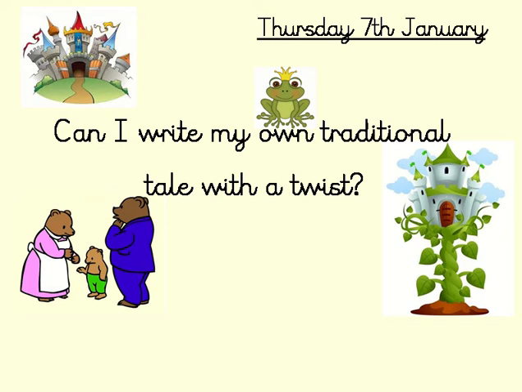Now yesterday you all did brilliantly. You all thought about what types of things make up traditional tales or fairy tales, and then you were excellent detectives and you had a very close look at a picture from the book that we're going to be looking at. It's a fairy tale with a twist.